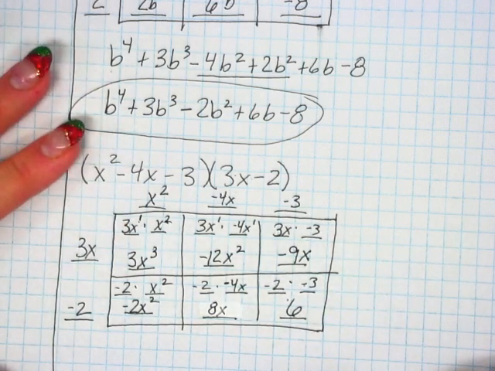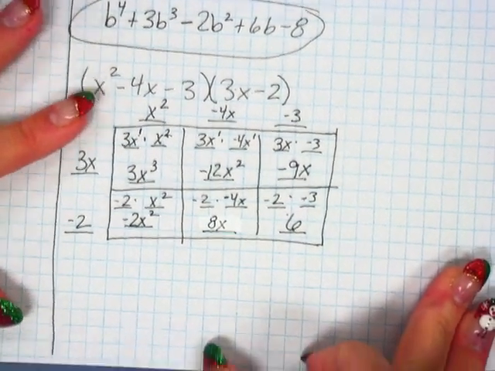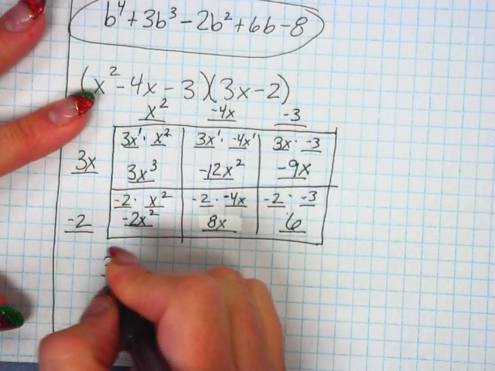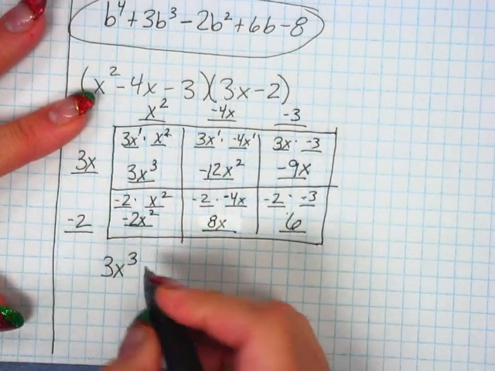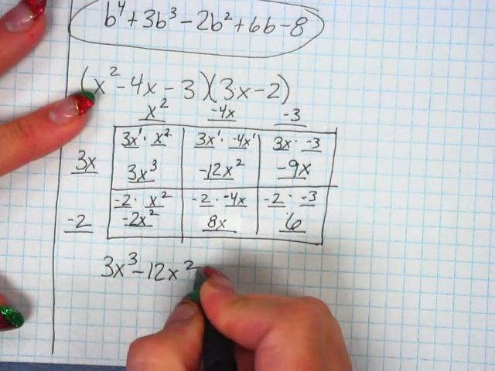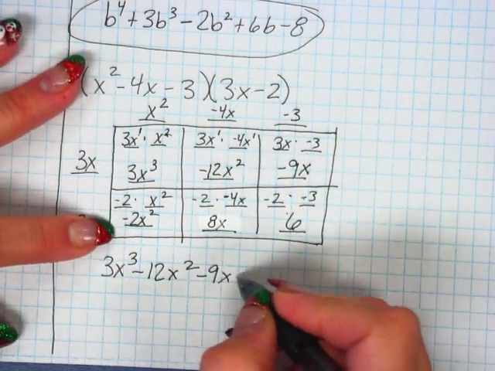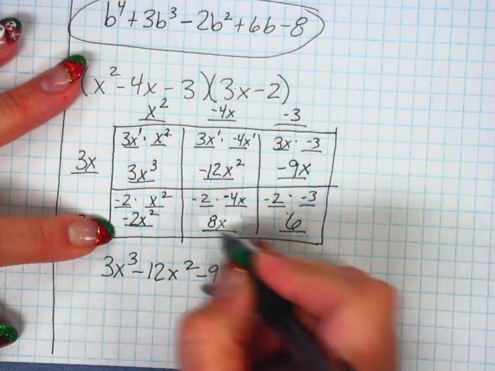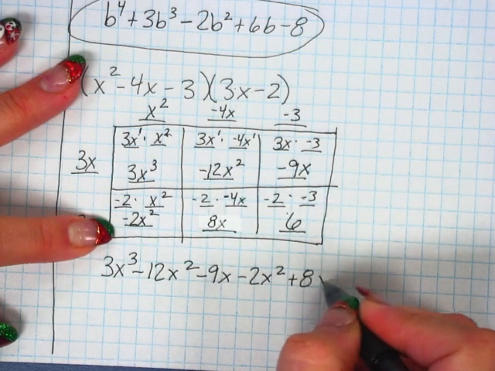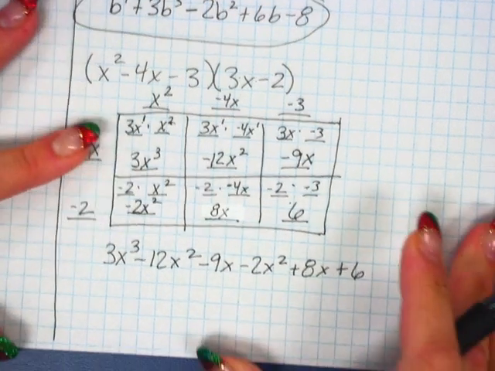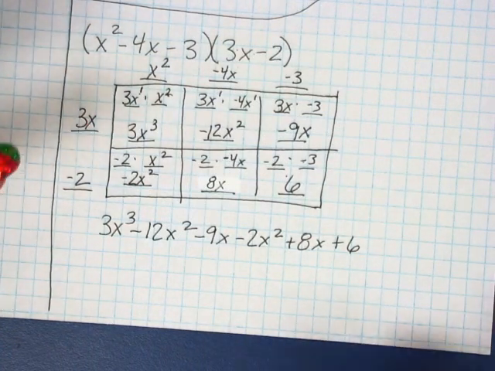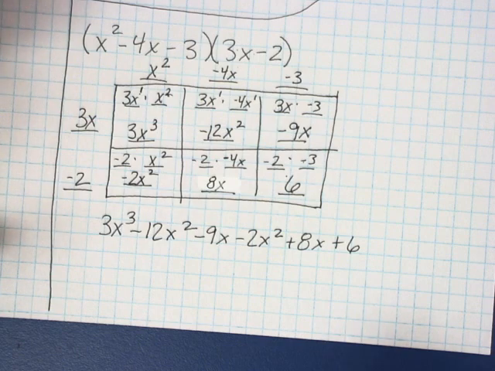Now we add up all the answers to that portion. So we have 3x to the third minus 12x squared minus 9x minus 2x squared plus 8x plus 6. Now in this case, my things that were alike are not together, and I need to collect my like terms.